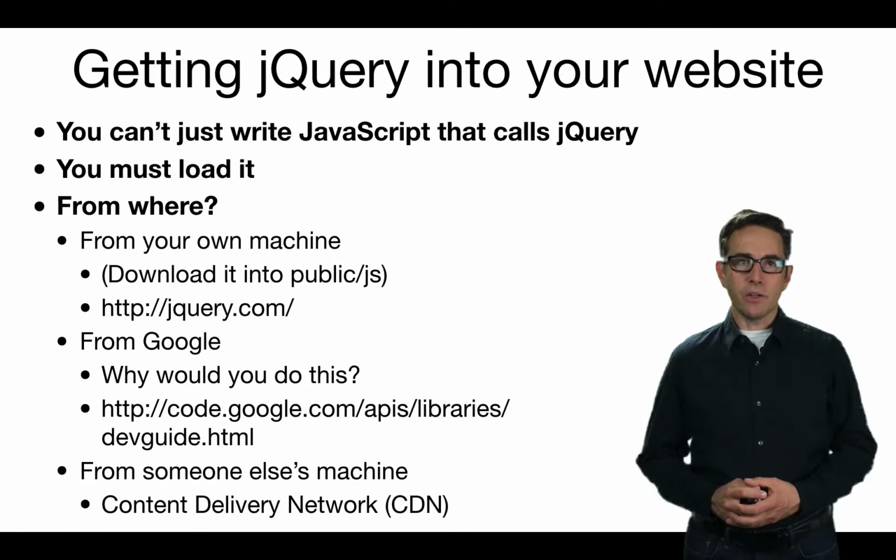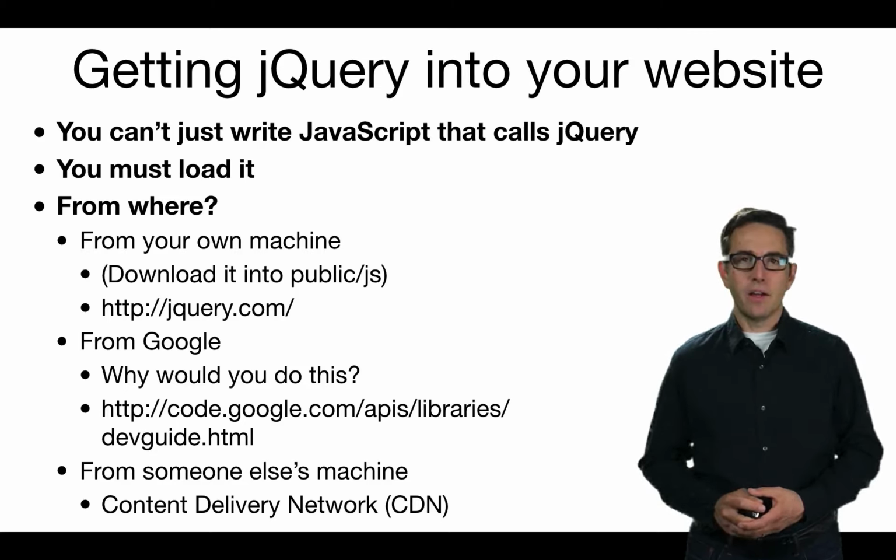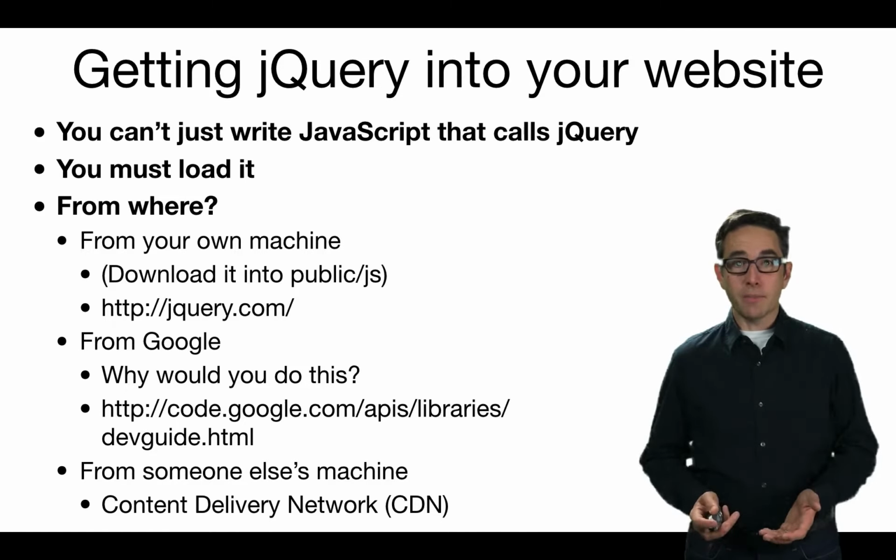Another thing you could do is load it remotely within your HTML from Google. Why might you want to do this? Why would you leverage Google's copy of jQuery if you can download it yourself? One reason is that you leverage browser caching.